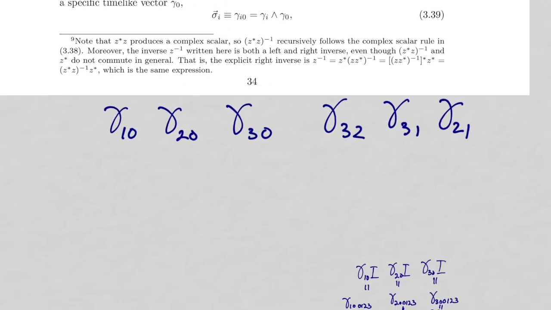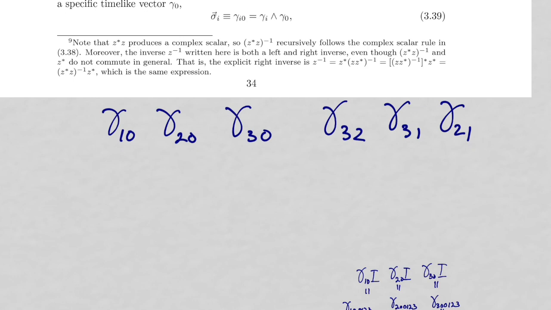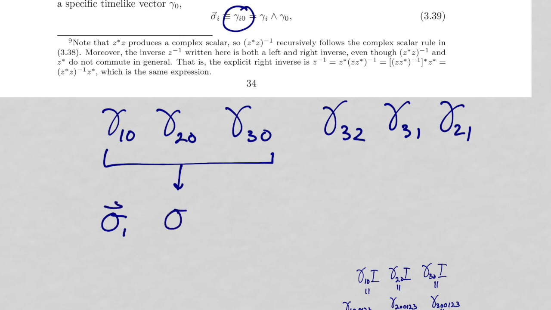And they value it so much that they're going to take these three vectors here, indicated by the underline, and give them special names. They're going to call them sigma 1 with a vector arrow, sigma 2 with a vector arrow, and sigma 3 with a vector arrow. So they've taken these 3 and singled them out as being important.